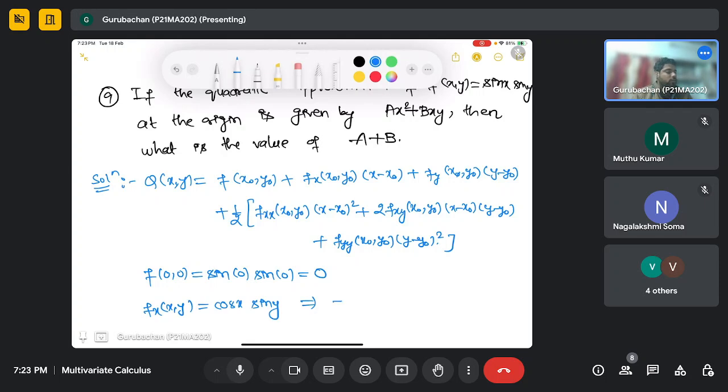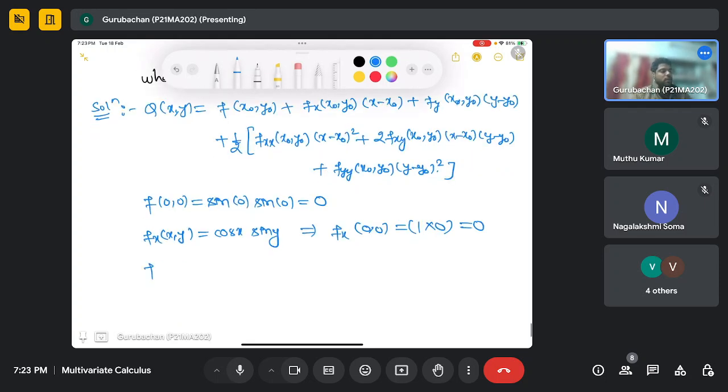Then the value of this at 0, 0 is again 1 into 0, which is 0. Now f_y of (x,y) is equal to sin x cos y, which at 0, 0 is 0 into 1, that is again 0.